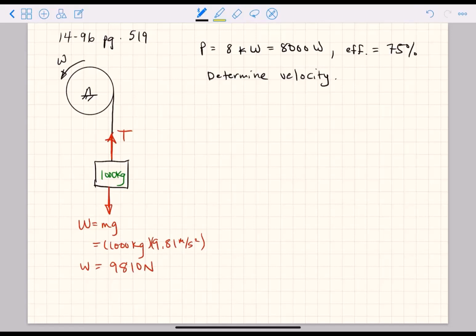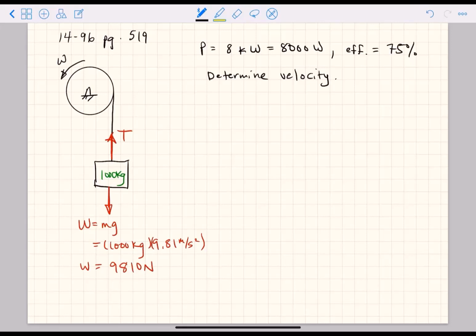Okay, so the P value that is given here, it says it's powered by a motor with 8 kilowatts of output. Sometimes this is a little bit confusing, because it says it's powered by a motor with 8 kilowatts of output.